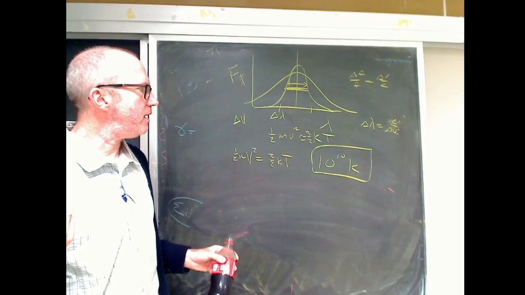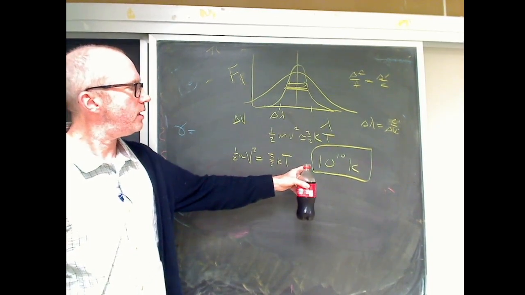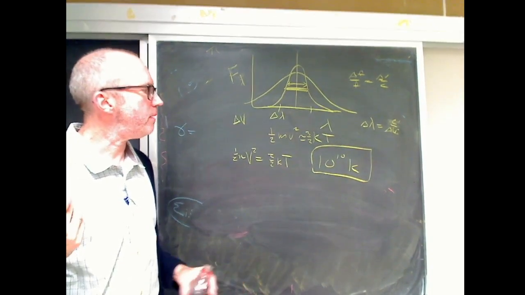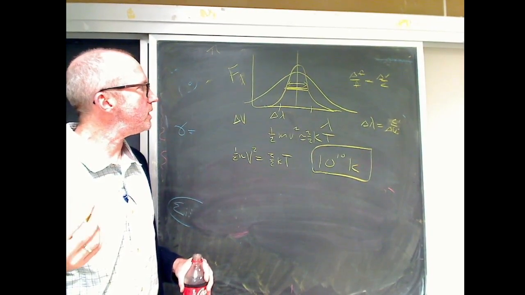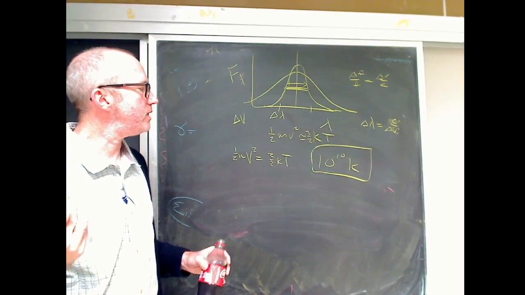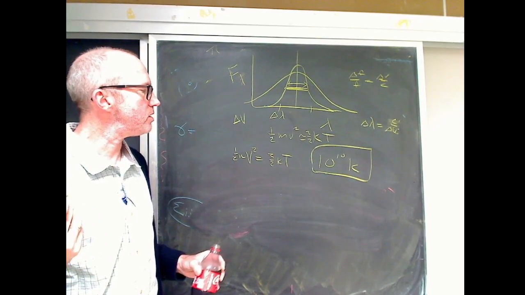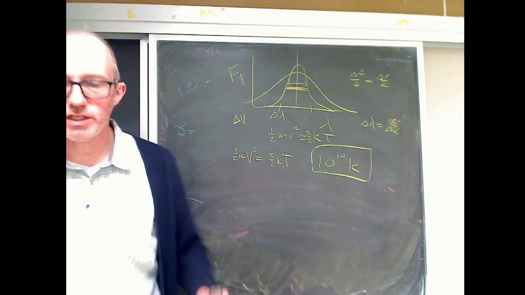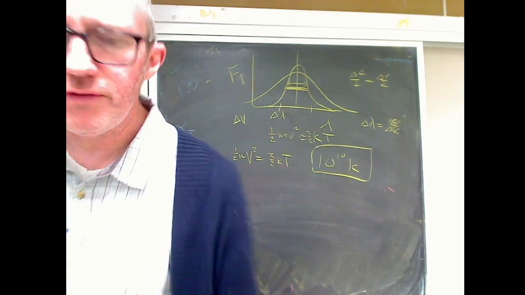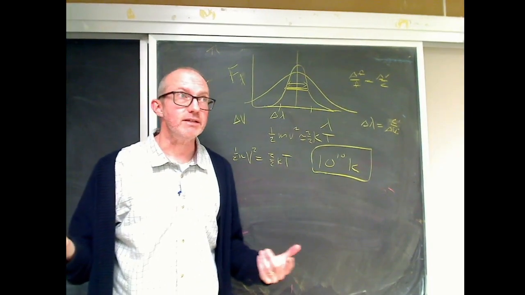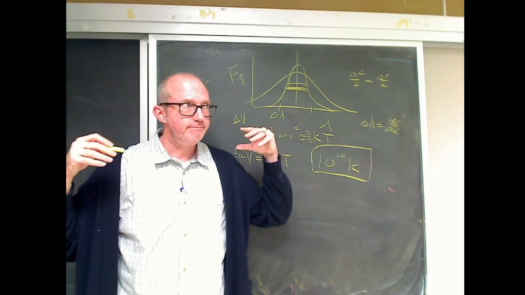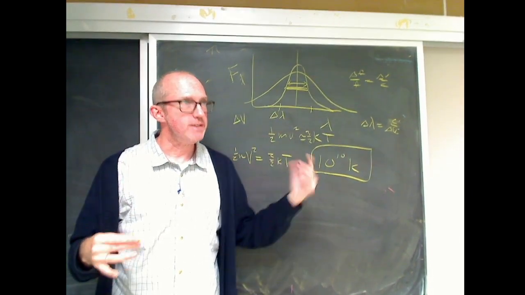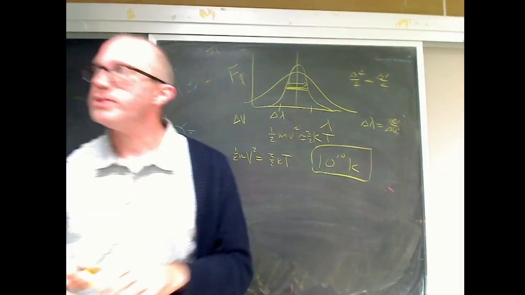This is hot enough to start creating electron-positron pairs. So that's problematic. 10 to the 10 Kelvin is much larger than anything that is just going to be naturally there. Supernovae get up to a temperature of like 10 to the 9 Kelvin when they're exploding. The biggest explosion in the universe is not this hot.